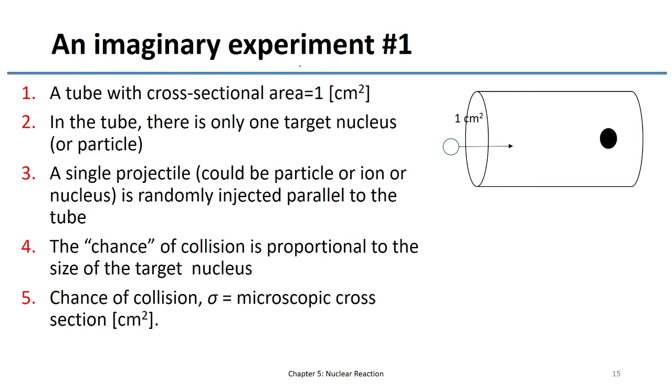You think about a tube, a cylindrical tube. This is the tube, and the cross-sectional area of the tube is 1 square centimeter.